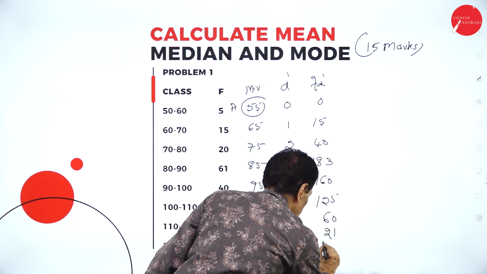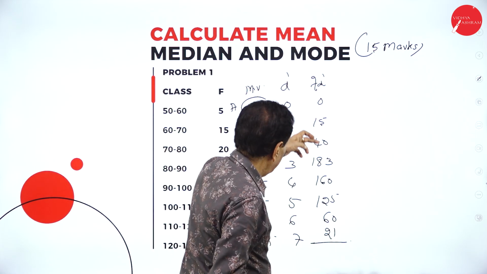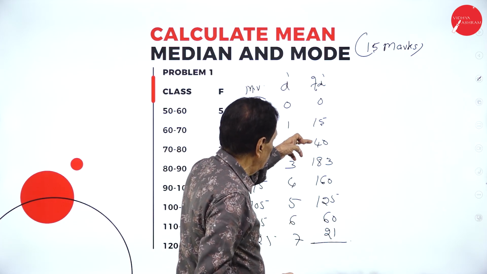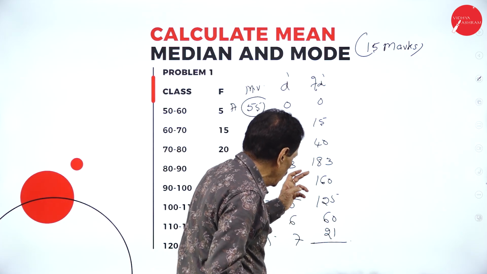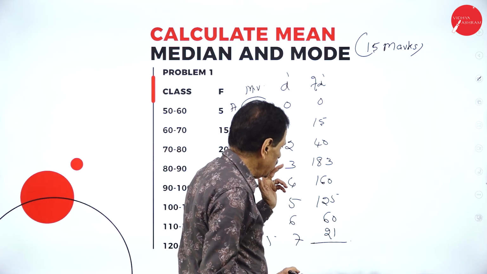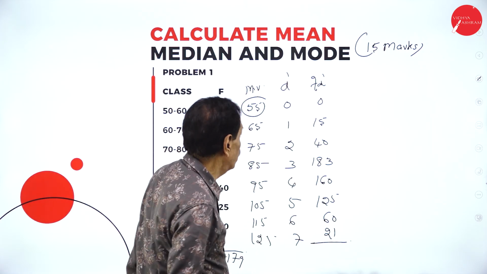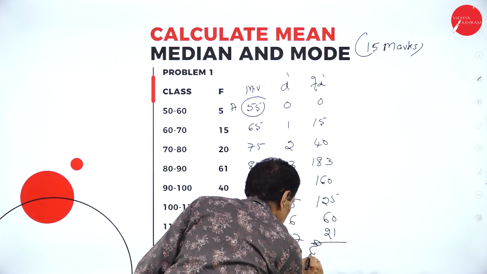Add the figures. It is 604. Sigma f t dash.